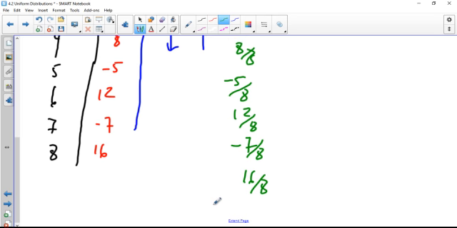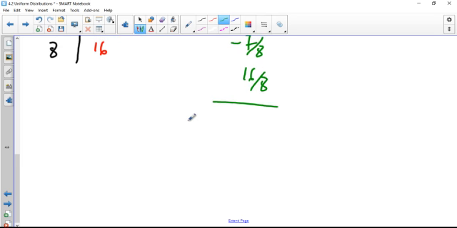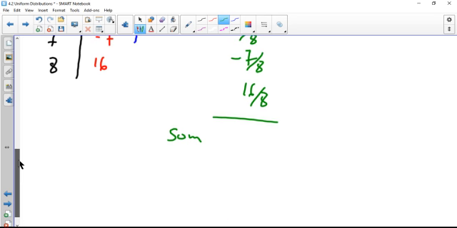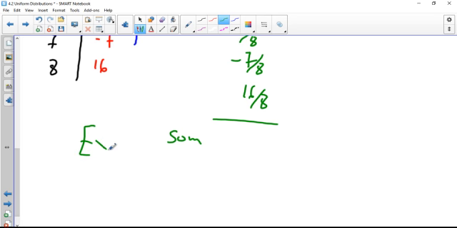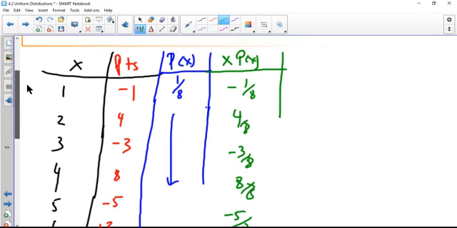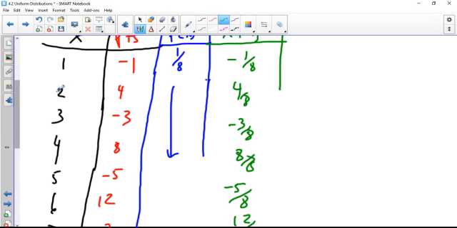Now we are trying to find the expected value, so that's just the sum of all of these. Adding these all up: -1 plus 4 is +3, -3 is 0.